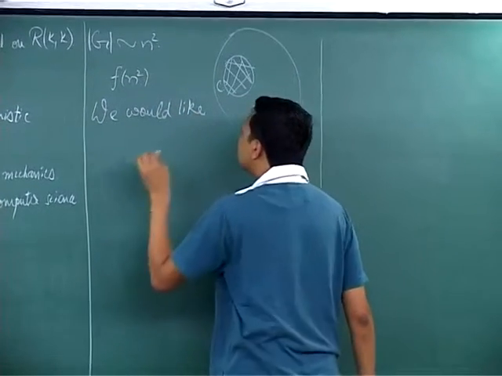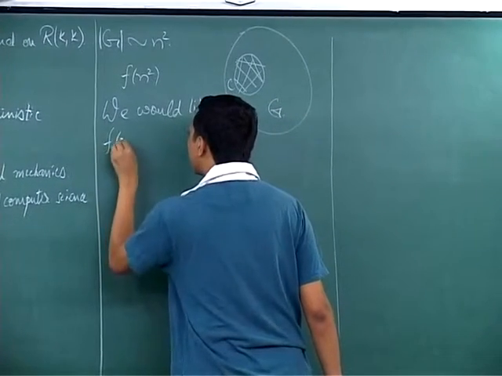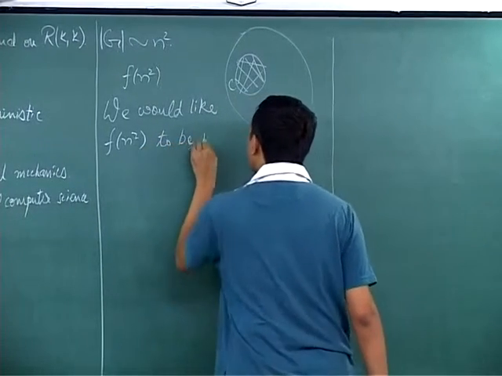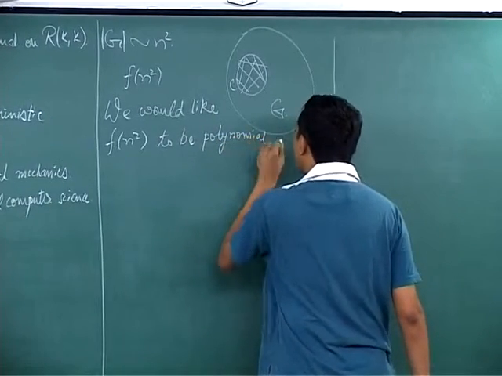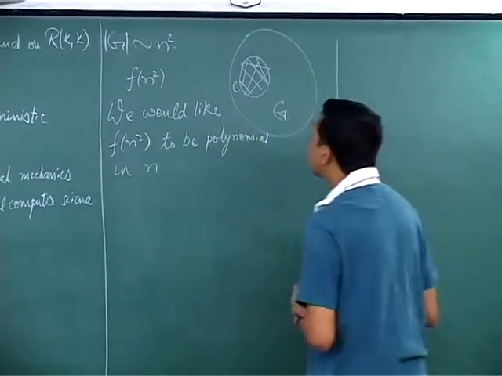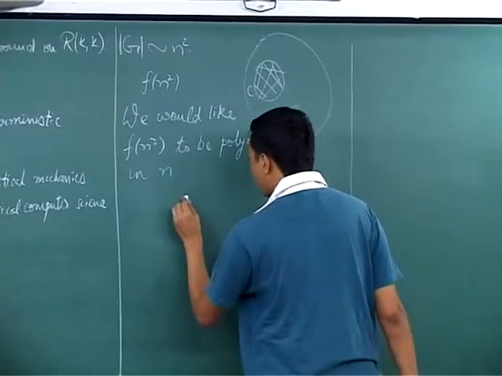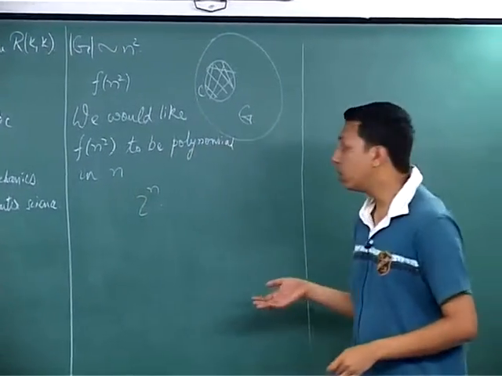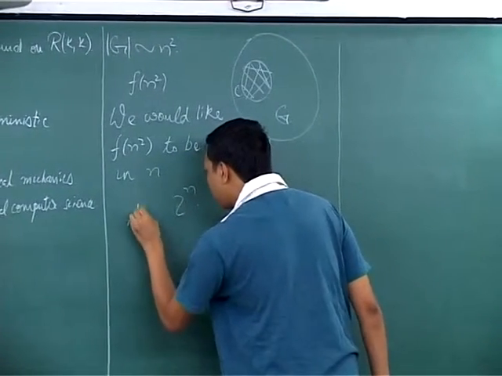Now, why is that? It's because suppose you take some time which is like 2 power n, and you take some time which is n power, let's say 100.